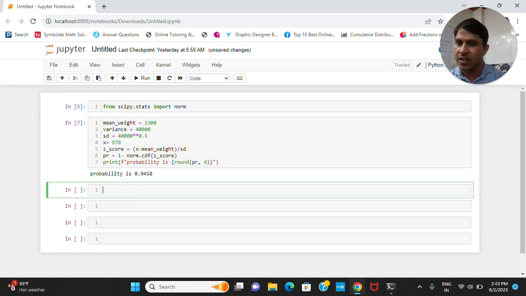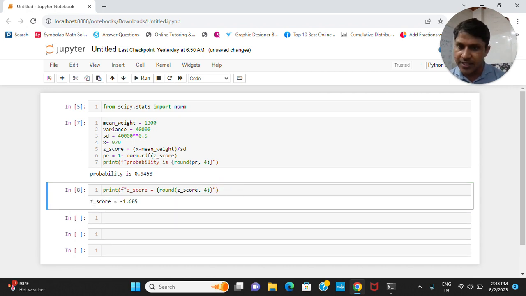If I print the z-score, like print f z-score equals, and I round this to 4 decimals as well, I will use this 4, and then if I run it, I get negative 1.605.